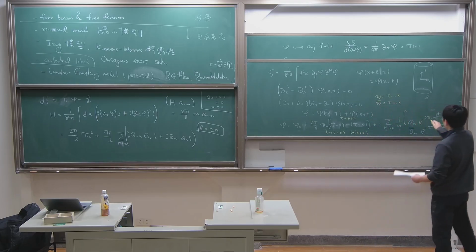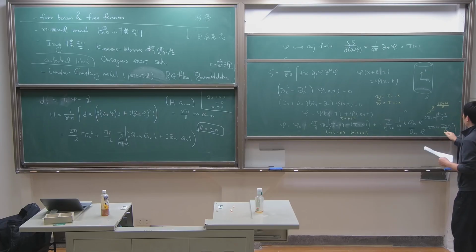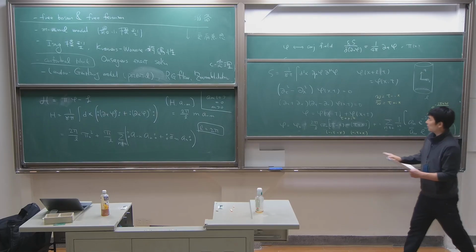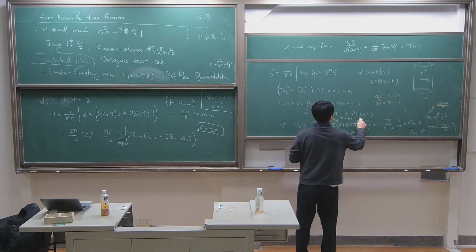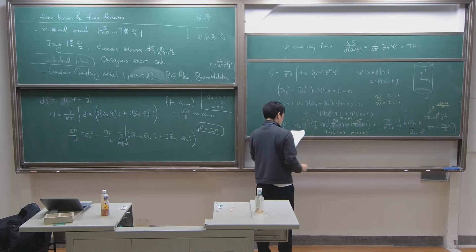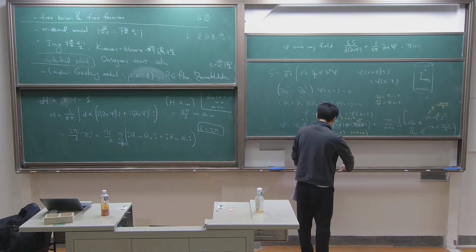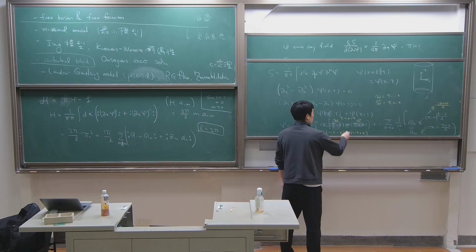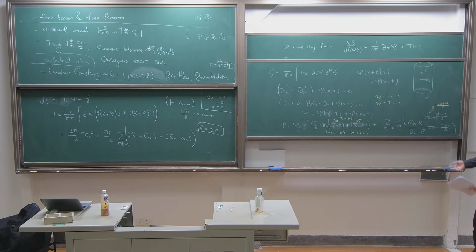If you do that, this part will become e to the minus 2 pi n W over L, and here it becomes W, and this becomes W bar. Oh sorry, this should be plus. So that's the change.